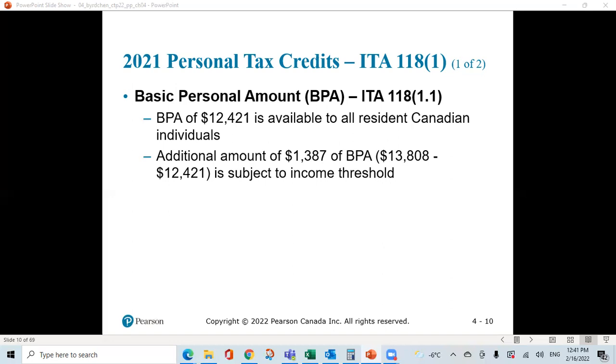However, this increase will be phased in over a 4-year basis, which will not reach that level until 2023. So for 2021, the base amount will go to $13,808. This is subject to an income threshold. We'll give examples so we'll have a better understanding.